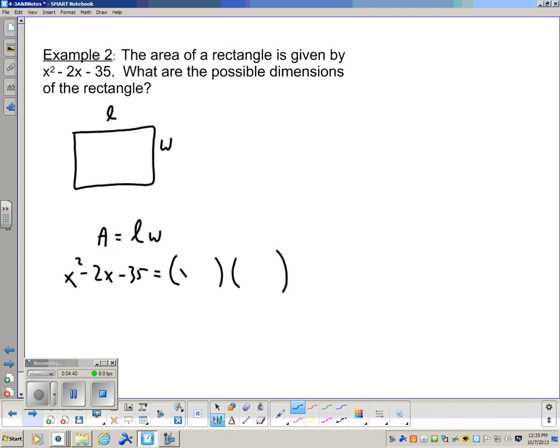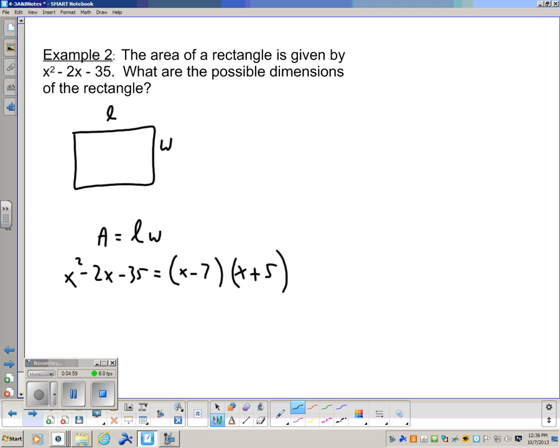So what times what gives me x squared? X and x. What times what gives me negative 35? So one has to be a minus, one has to be a plus, and they add to give me a negative 2, so the bigger number has to go by the negative. And so if you subtract the two numbers, you need to get 2. So 7 and 5.